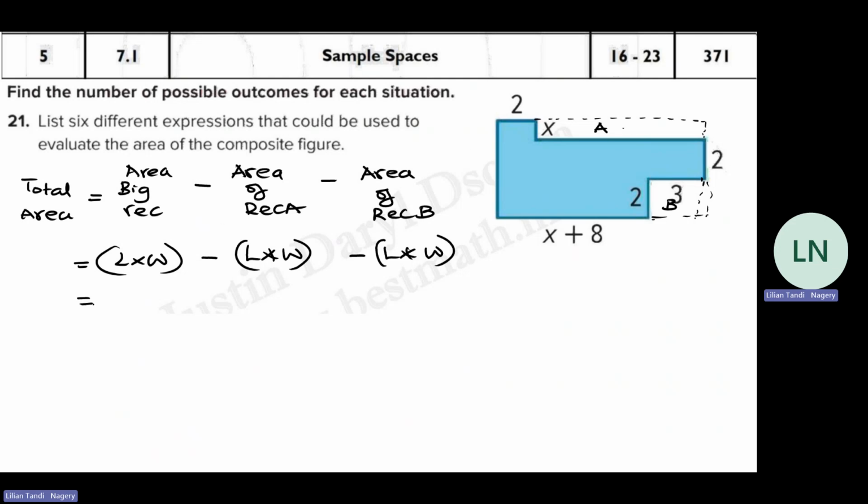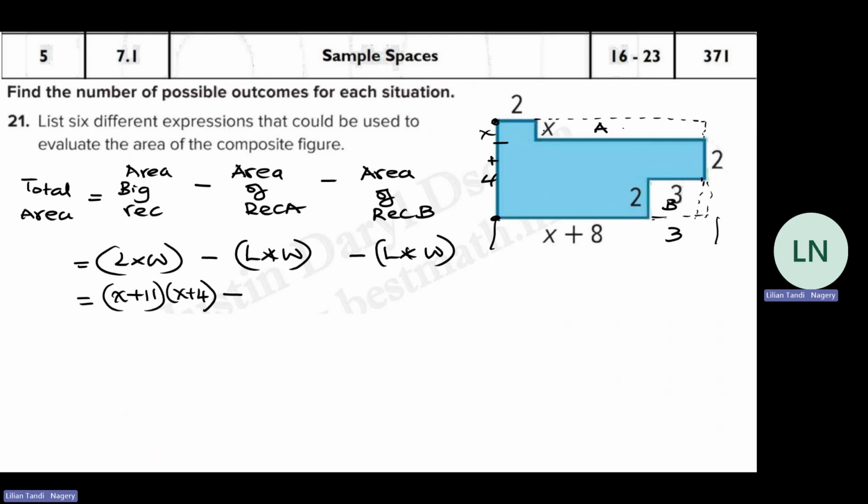Okay? So the big rectangle will be x plus 8 plus 3, because this is 3. So from here to here will be x plus 11. X plus 11 will be the length, and the width will be from here to here, which, you know, you have x and 4 here. So x plus 4. Okay.